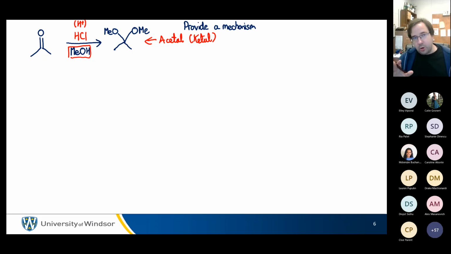Not always, but normally that's the most reactive thing. And we have a nice pair of juicy lone pairs on this oxygen. So let's do that. And now what we've done is we've made our acetone, 2-propanone, reactive. We've made it charged. Now we can do stuff with it. Otherwise, it's just going to stare at things.